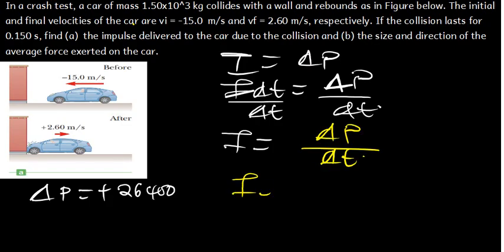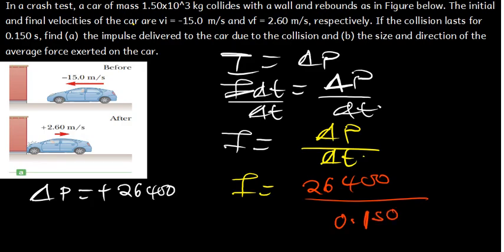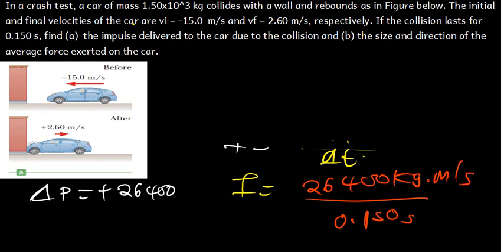So force will be equal to, what is our momentum? Our momentum is 26,400. We divide it by the time. The change in time is 0.15 seconds. The average force has to be positive because the momentum is positive.